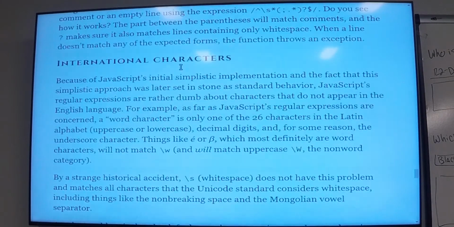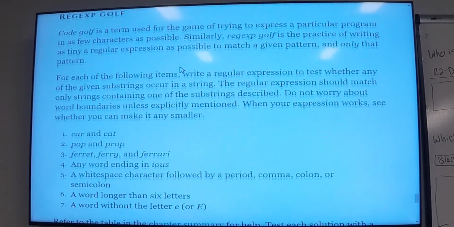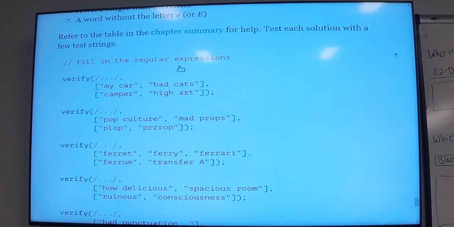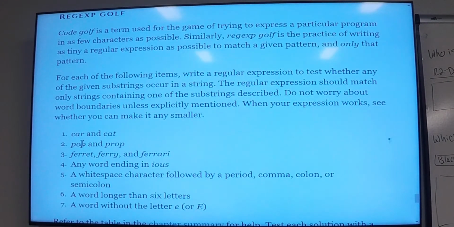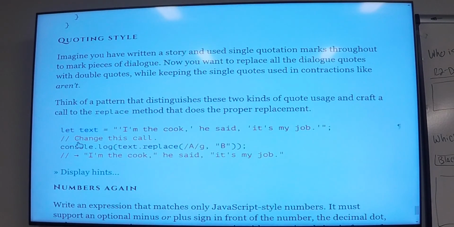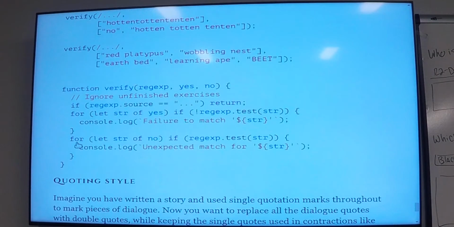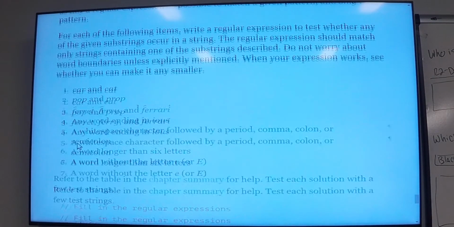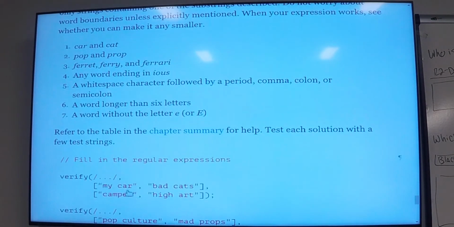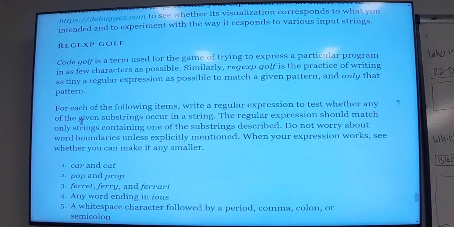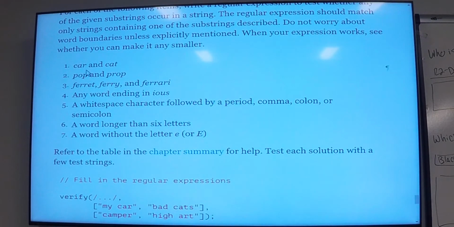All right, let's go ahead and look at the examples here. Okay. There we go. Okay, let's do this here now. So the task that we've been given is, when it gives us car and cat, we need to create a regex that matches both car and cat, right?